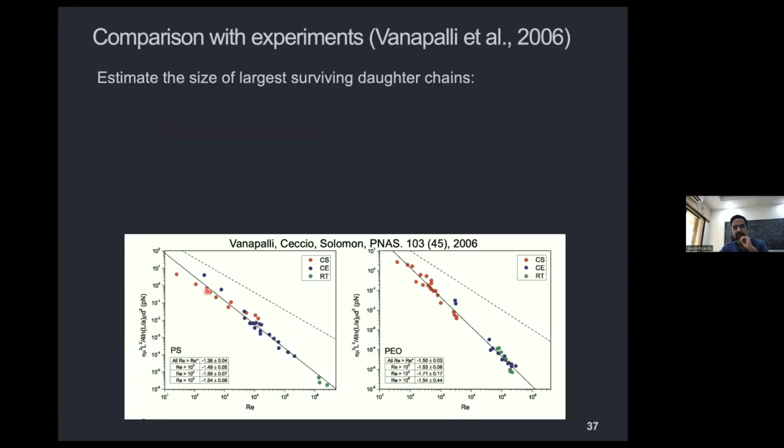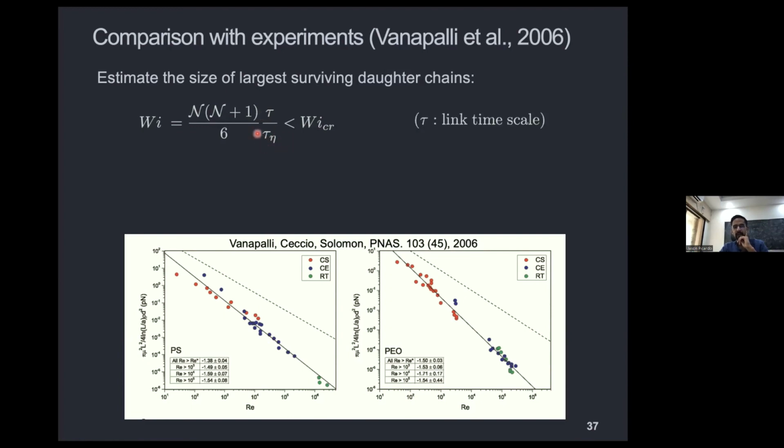What's interesting is that we can explain this scaling. So we come back to the simple argument that we had, right? That if a daughter is surviving, it means its Weissenberg number is less than the critical. And I can estimate the Weissenberg of the survivor based on the simple formula I showed you earlier. So here n is the number of beads, which is a proxy for the size or the contour length. And tau eta is the Kolmogorov time. Tau is the time scale of each individual spring, like I said.